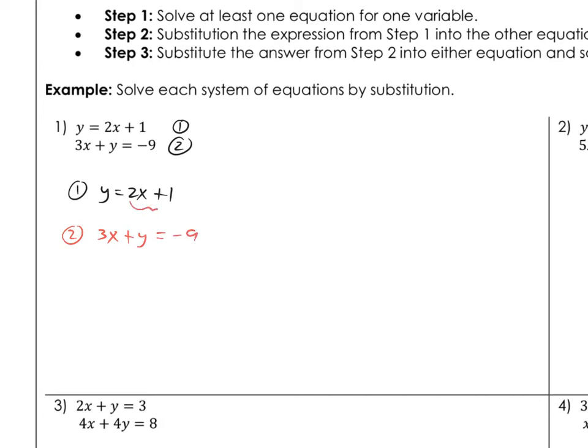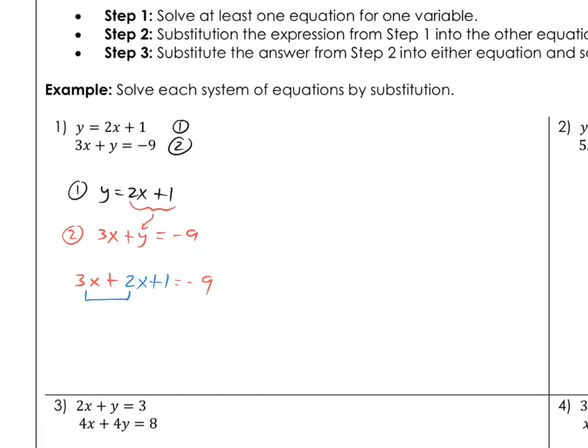So I'm going to take what y equals, which is 2x plus 1, and substitute it in for this variable. That way, I end up with only one equation with one type of variable, and I can solve for that variable.